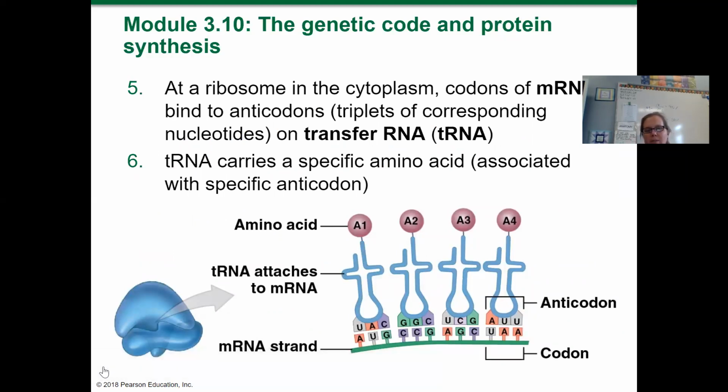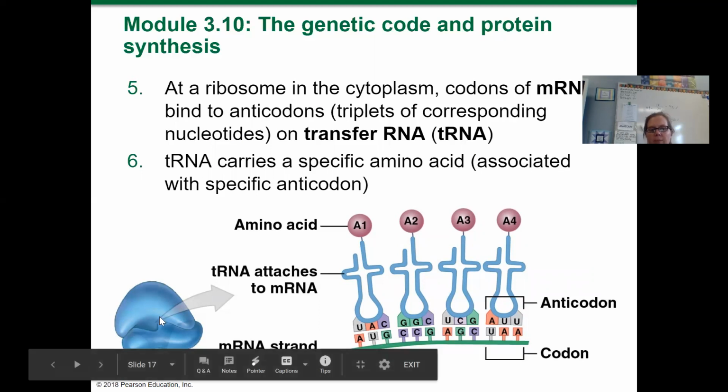In the cytoplasm, the 2 ribosome subunits come together, and the mRNA attaches to these 2 subunits as they're coming together. And then we have these anti-codon tRNA molecules. The anti-codon is the matching complement to the codon here.